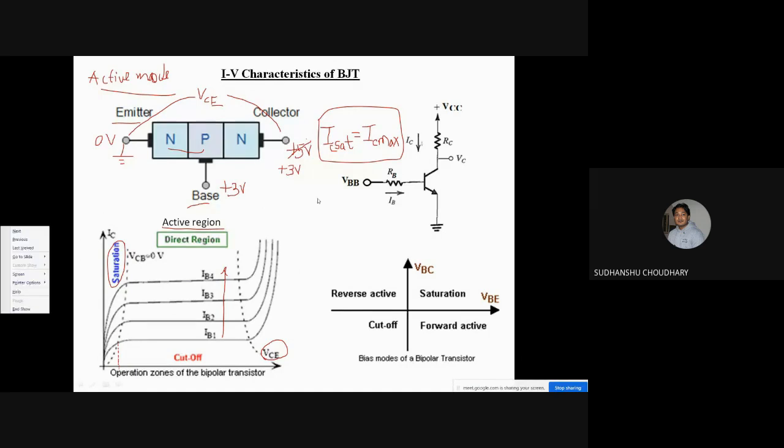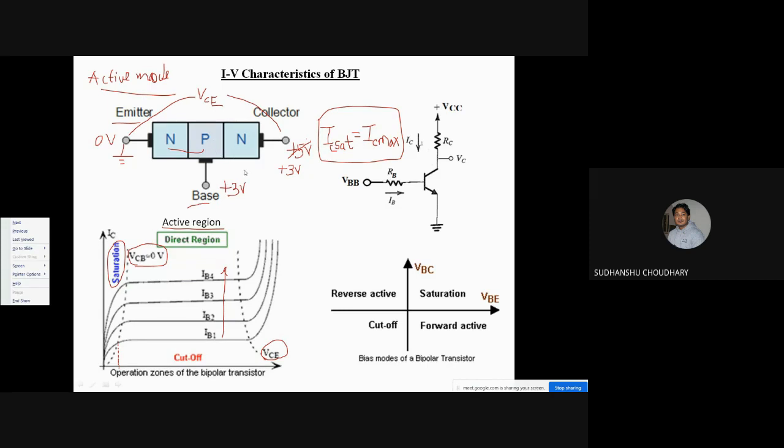When I make the collector plus 3 volts, the collector to base bias VCB is now 0 volts, 3 minus 3. So VCB is 0 volts, which means this PN junction is not biased at all.